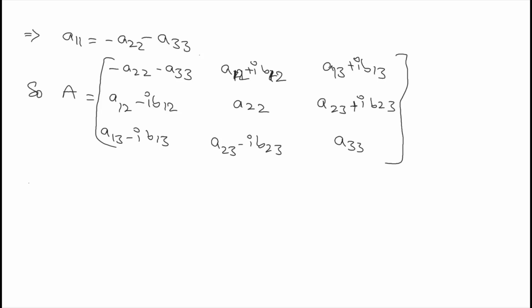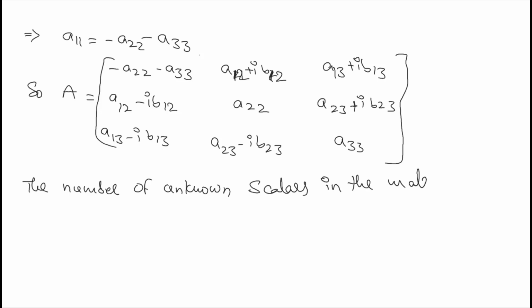The number of unknown scalars in the matrix A is 8. That is the dimension of W1 intersection W2 equal to 8.